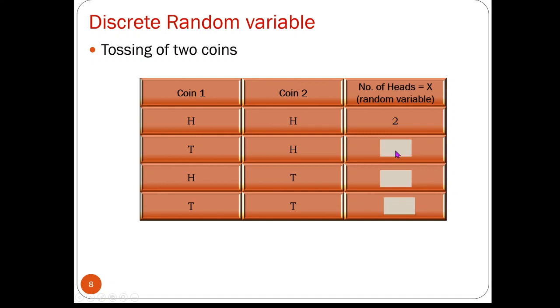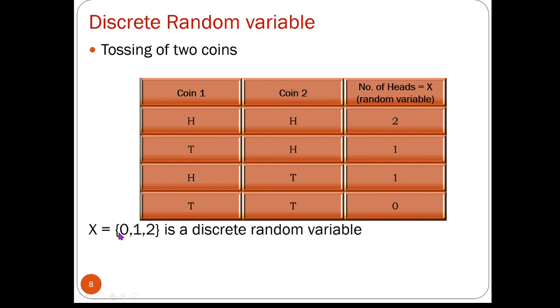For the second sample point, the number of heads is 1. For the third sample point, again the number of heads is 1, and in the last sample point the number of heads is 0. So the random variable x takes the integer values 0, 1 and 2. That's why it is called a discrete random variable.